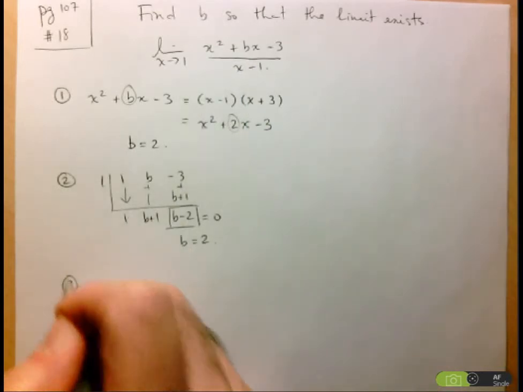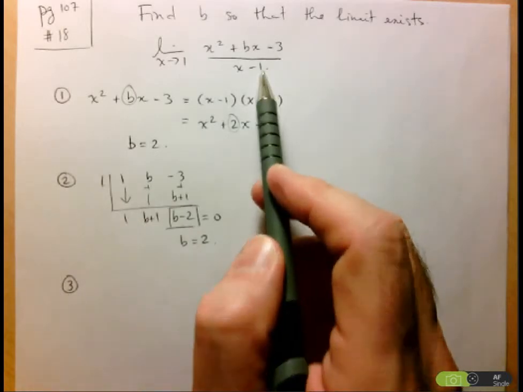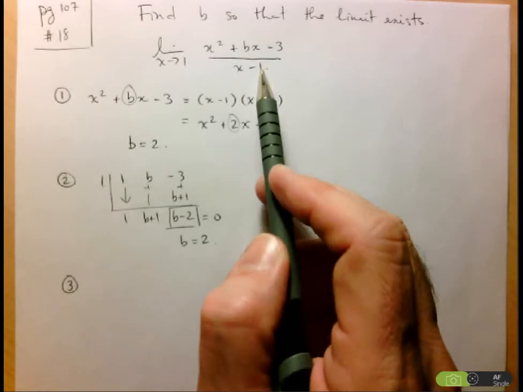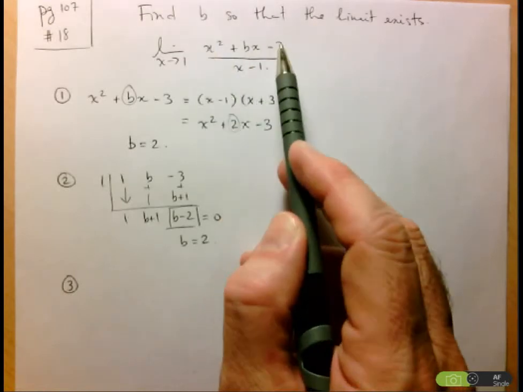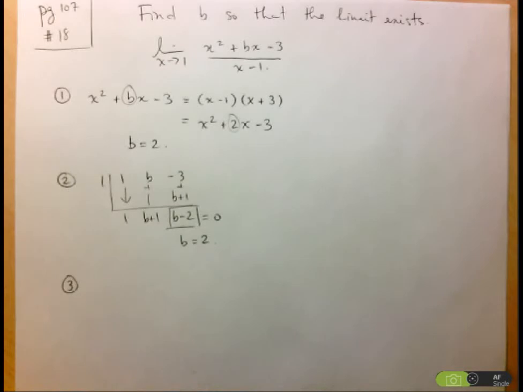The way the factor theorem works is I just take the value a, in this case a is equal to 1, and if I input that number into this polynomial, it should be equal to 0. So that's just a straight application of the factor theorem that you learned in advanced functions.